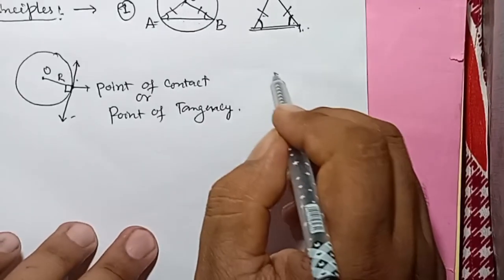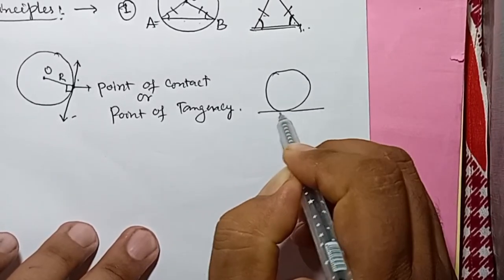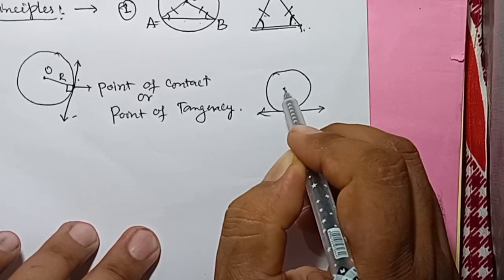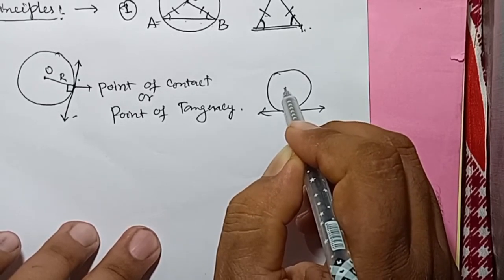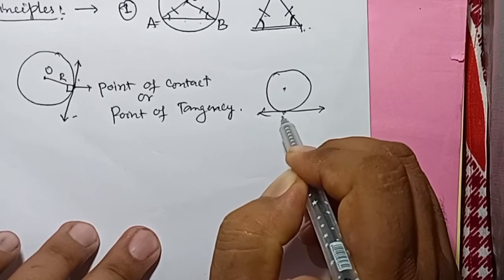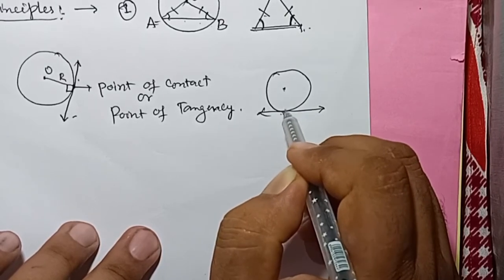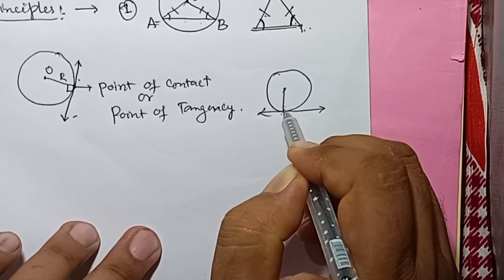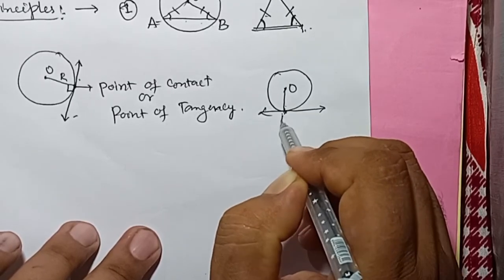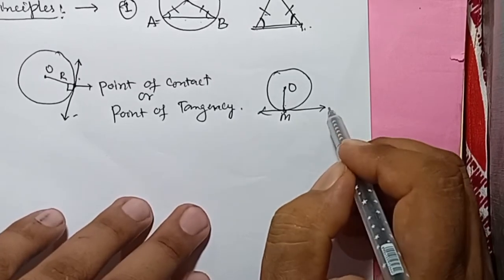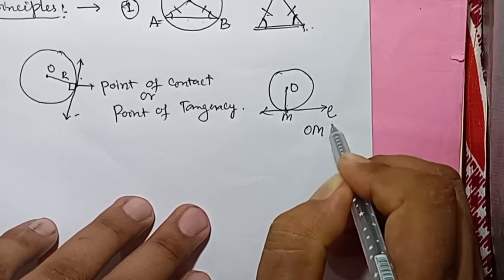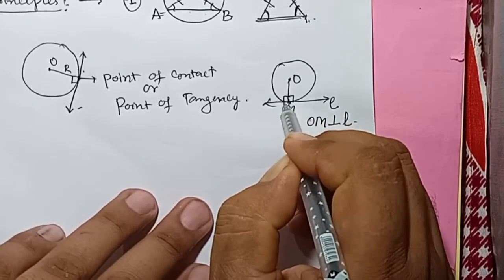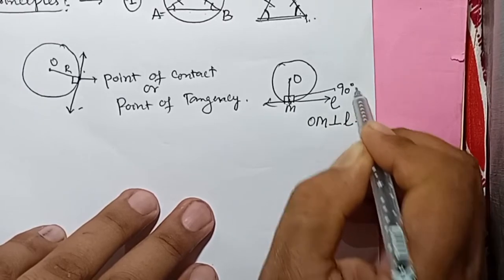If I draw here the circle, here I have the tangent, this is the point of contact, this is the center. The line that joins the point of contact, where the tangent is touching the circle, to the center will be perpendicular. If this is O, this is M, this is L, I can say OM is perpendicular to L. That means this angle and this angle are 90 degrees.